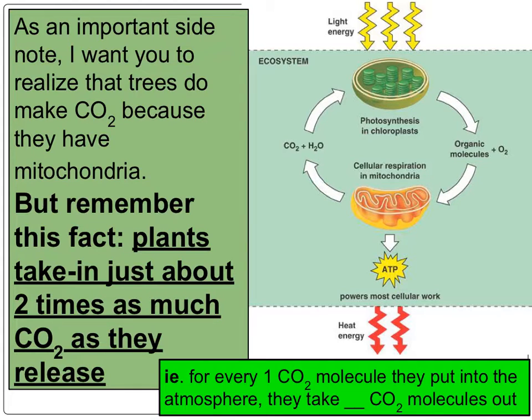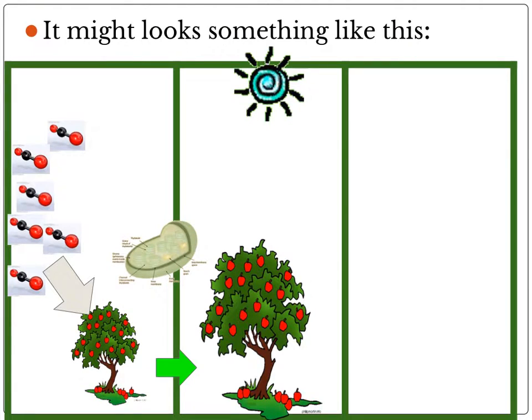For every 1 carbon dioxide molecule photosynthetic organisms put into the atmosphere, they are taking how many out? Hopefully you came to the conclusion that they would be taking 2 carbon dioxide molecules out. So for every 1 they put in, they take 2 out, which means they are taking in more than they are releasing.